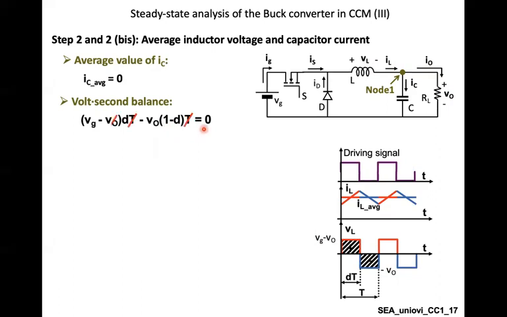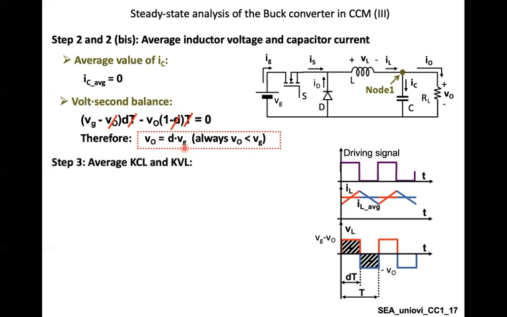Using this equation, we can skip T, and also the V output D terms cancel. That will lead to V output equals D times Vg. If you remember, we already reached a similar formula when we considered our buck converter for the first time. And as D is typically smaller than 1, that means that V output is smaller than V input, or the generated voltage.